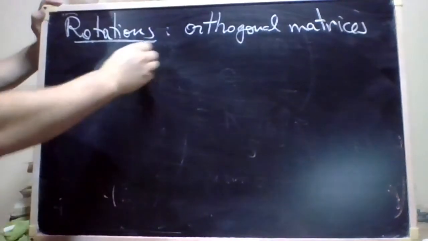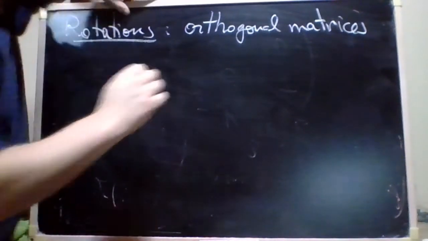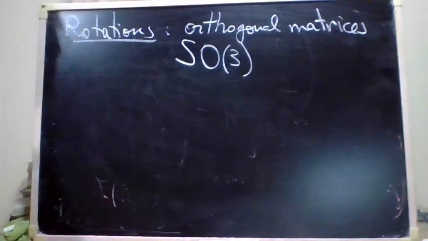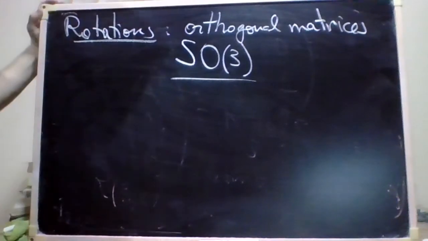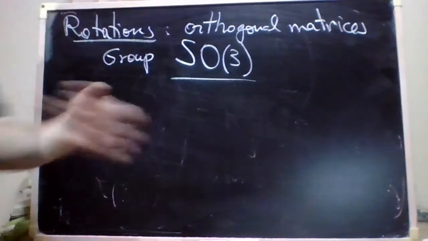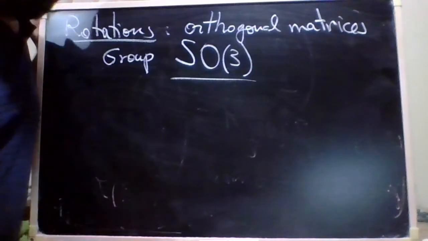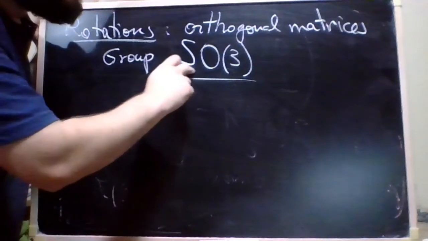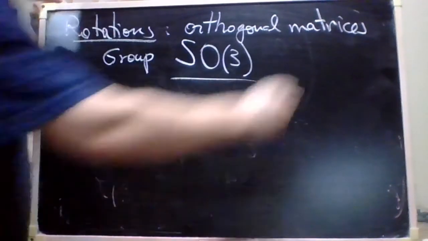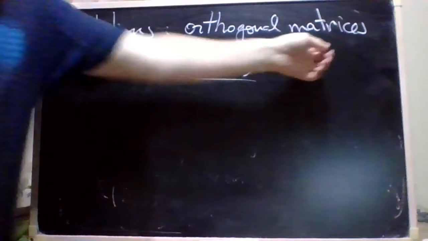So the group for rotations in three-dimensional space, when you are considering only rotations, is called the special orthogonal matrices of dimension 3. Right? This is a group of all rotations. It's a group. All right? We'll talk about groups later, but if you want to just Google it, you can Google for SO3. It's just rotations in 3 dimensions for real vectors, right? Vectors pertaining to reals in 3 dimensions.